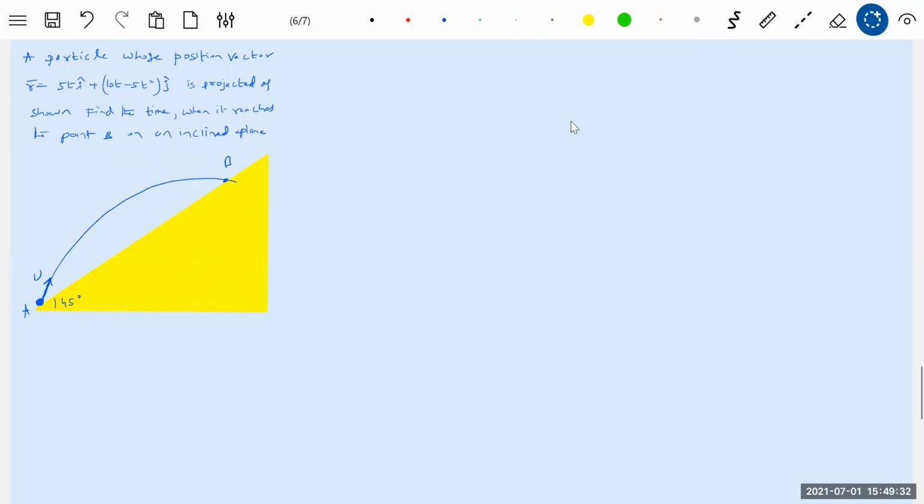What is that position vector? I think the point of projection is the origin, we can define it like this here.